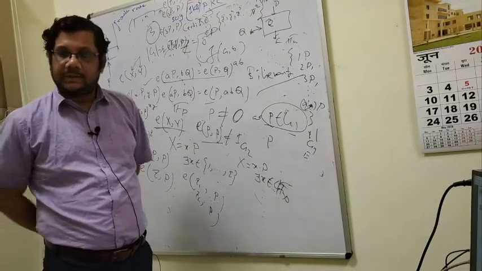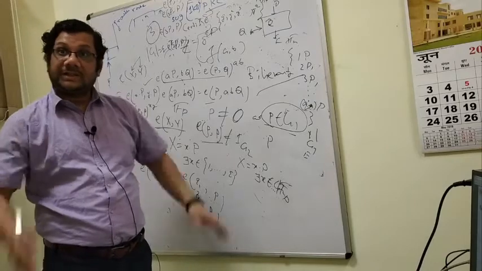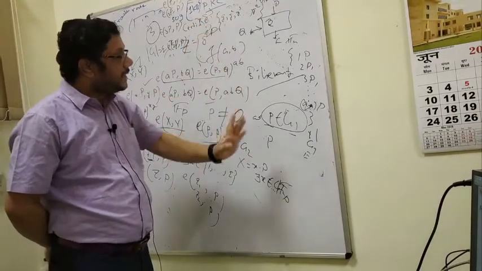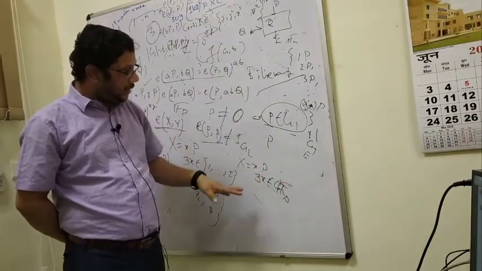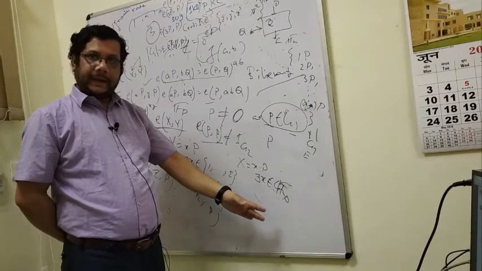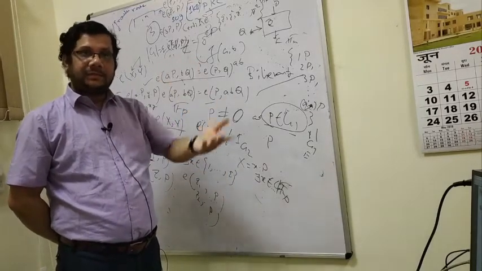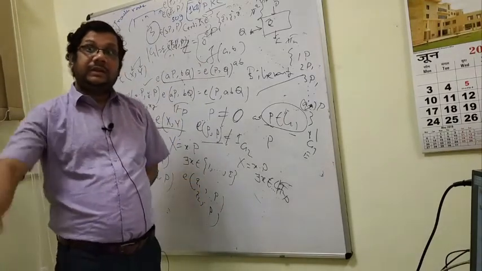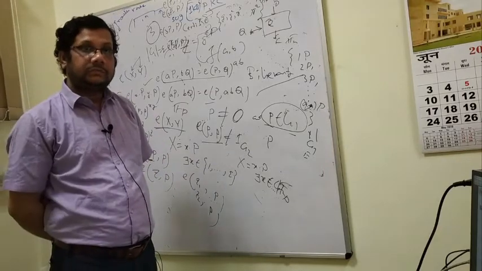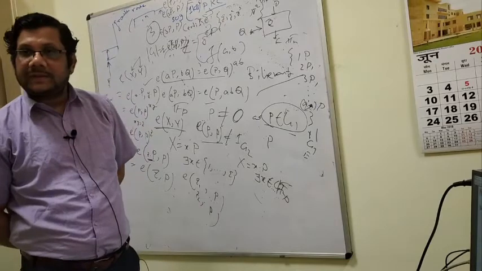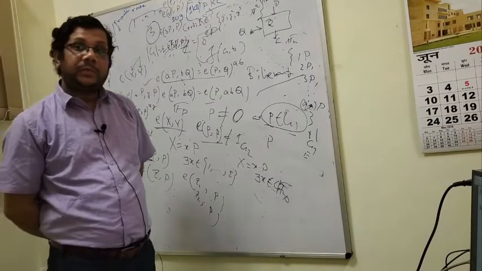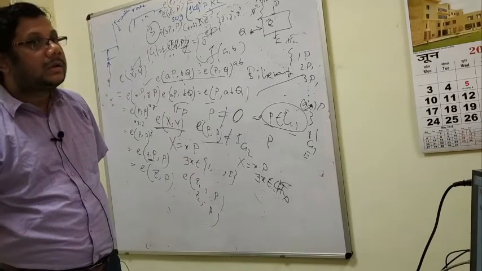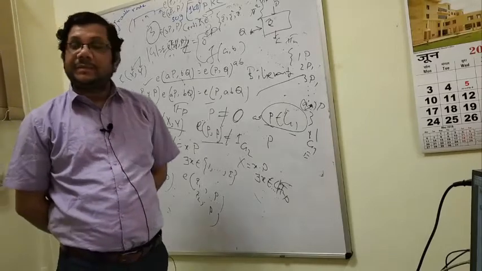What would be the size of this subgroup? Who is G? G is any arbitrary element, we don't know, any arbitrary element of that FP. And then we are repetitively applying G, G square, G cube, etc. What would be the size? Now here there is a formula called Lagrange's theorem. You have studied this. What does Lagrange's theorem say?